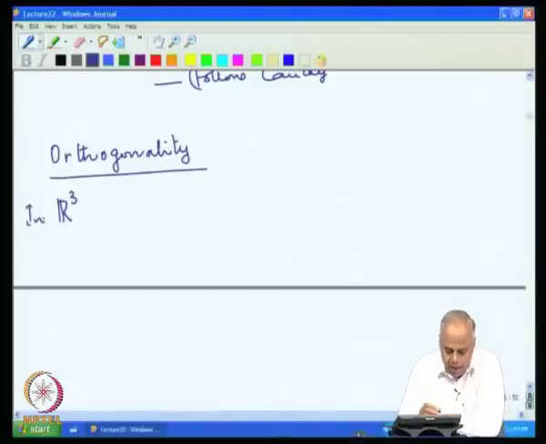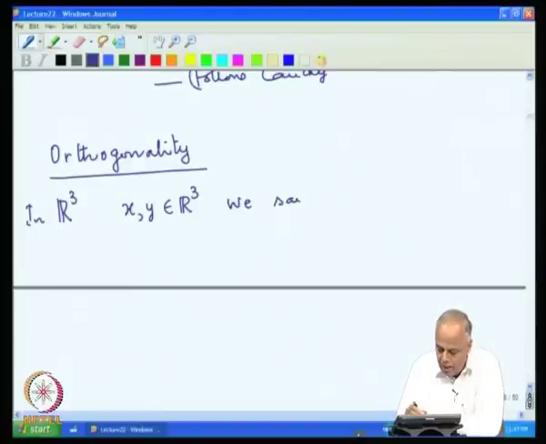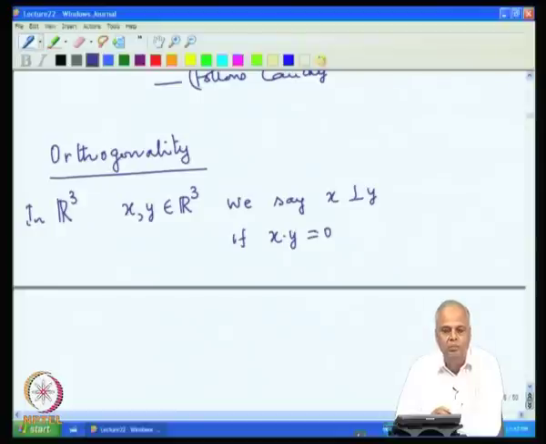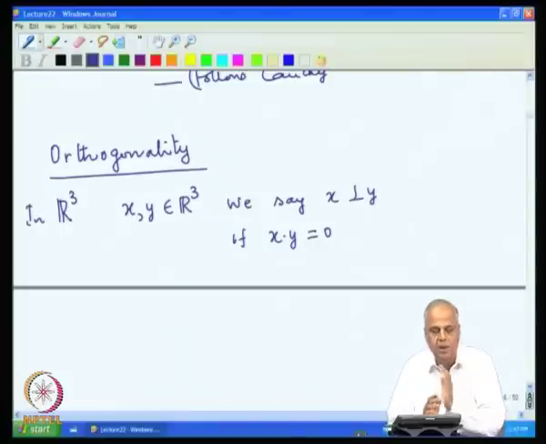In our vector calculus or vector algebra course, we learned that if x and y are in R 3, we say x is perpendicular to y if x dot y is equal to 0, which x dot y is what we have generalized as x comma y, that inner product.